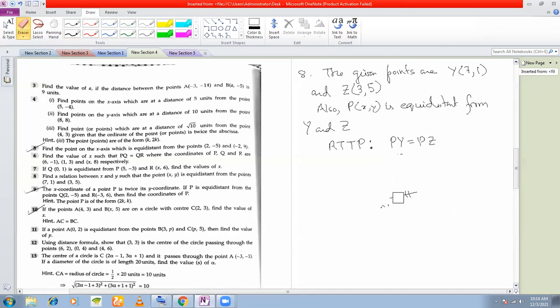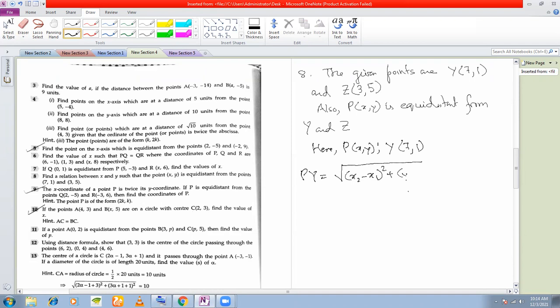So we need to find a relation between the x and y coordinates such that Py is equal to Pz. Let's first find out the distance Py. Here P is (x, y), Y is (7, 1). Py is therefore the square root of (x2 minus x1) whole square plus (y2 minus y1) whole square.